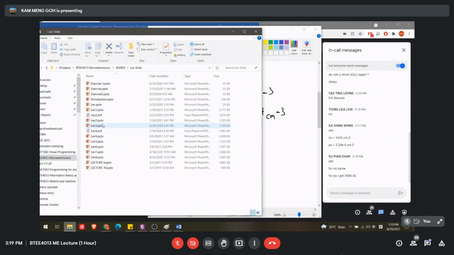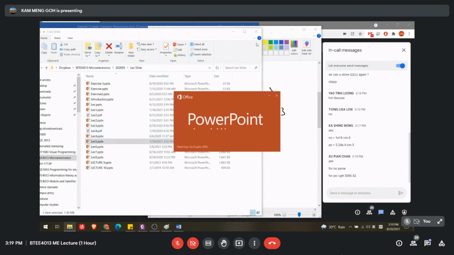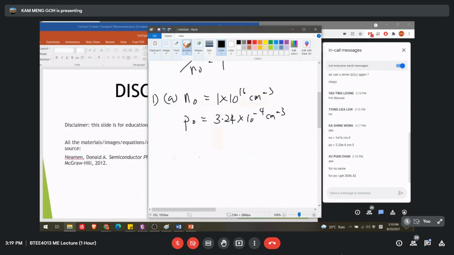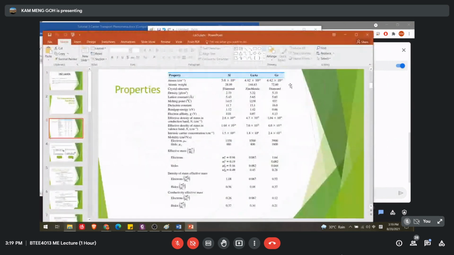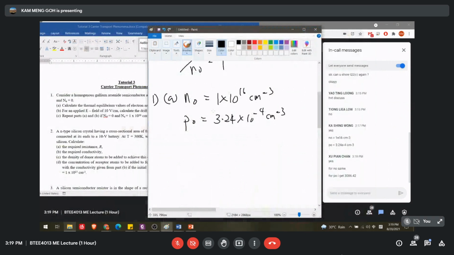Okay, let's see this. Since this one is gallium arsenide, we know which value to be used for Ni squared. I think maybe one of you made a mistake for the Ni squared. Since this one is gallium arsenide, the intrinsic carrier concentration is 1.8 times 10 to the power 6. Wong Gasing, are you using this?